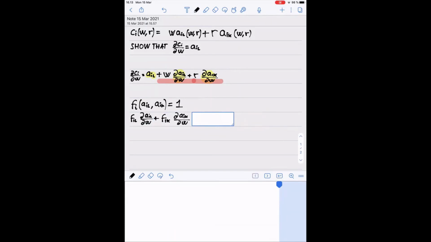And we know that this has to be equal to 0. Beautiful.